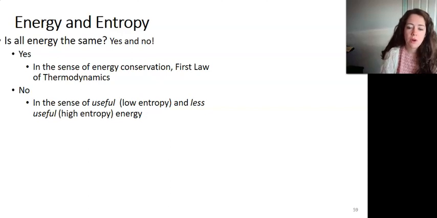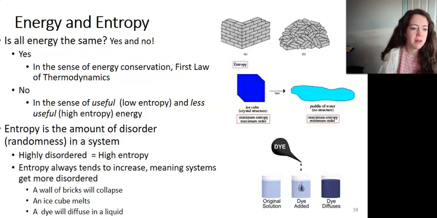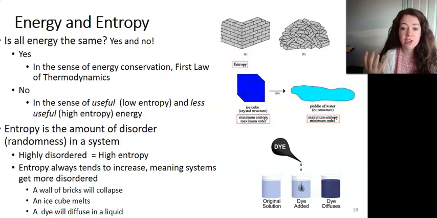But also note, really all energy is not the same, in the sense that there are some useful forms of energy and some less useful forms of energy. And we measure this type of usefulness with entropy. So entropy is a measure of the disorder of a system.